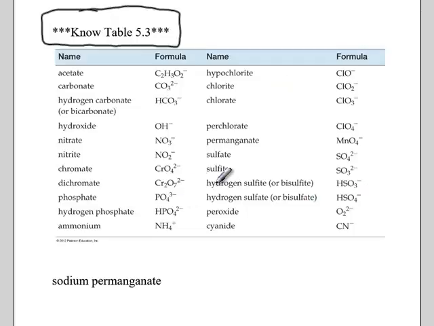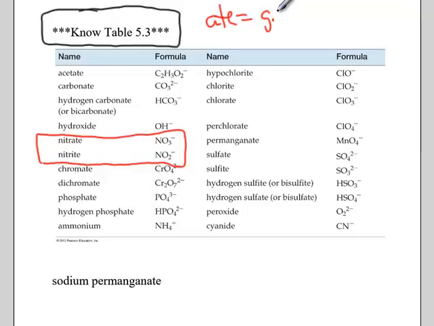We were just talking about nitrate. Right underneath nitrate is a very similar polyatomic anion, which is nitrite. The ones that end in ate have a greater number of oxygens, and the ones that end in ite have a smaller number of oxygens.